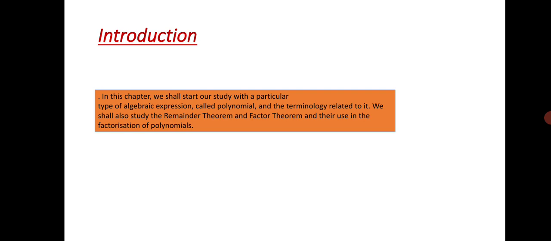Basically, in this chapter, we will study a particular type of algebraic expressions called polynomials. We will also study the remainder theorem and factor theorem. I will explain them in the upcoming videos. Now we will move to the next slide.